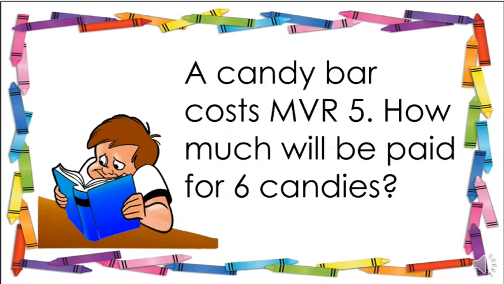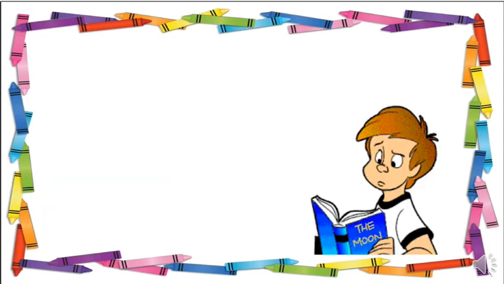For example, if you wanted to buy 6 candies, and a candy bar costs MVR 5, you have to find out how much money you need. In situations like this, we have to use multiplication. So, kids, let's learn how to solve multiplication stories.